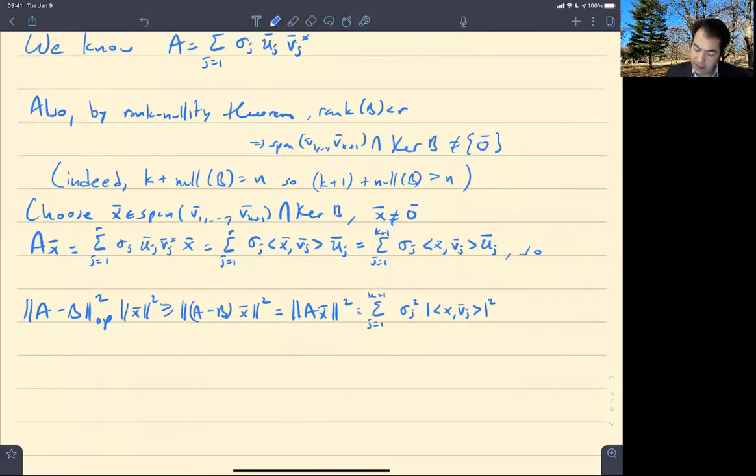And okay, so this is greater than or equal to replacing all of the sigma j's with sigma k plus 1 squared.